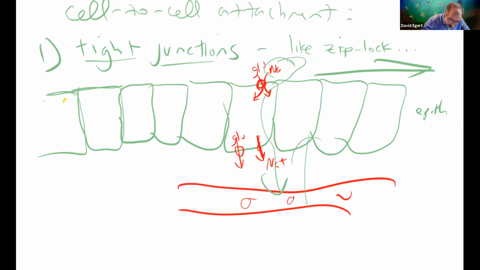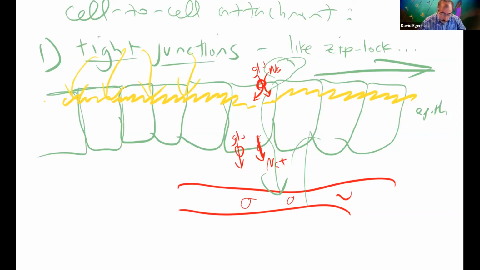The tight junctions are kind of like a Ziploc between the adjacent cells, so things cannot wiggle through. If something is trying to get through, it can't make it, because the membranes are basically folded in on each other with these special proteins. So the only things that are going to move from one side of the epithelial sheet to the other are things that are being intentionally moved.